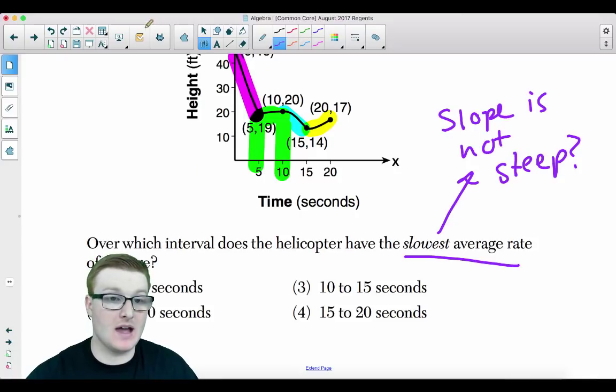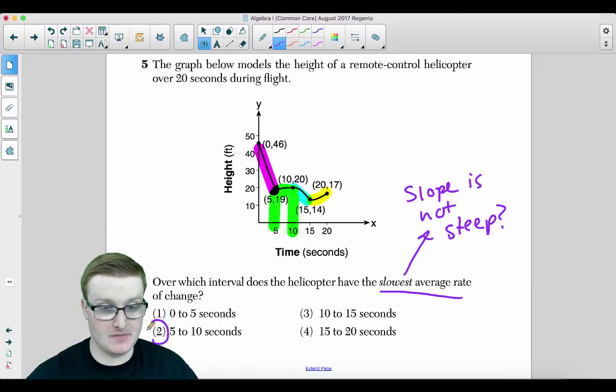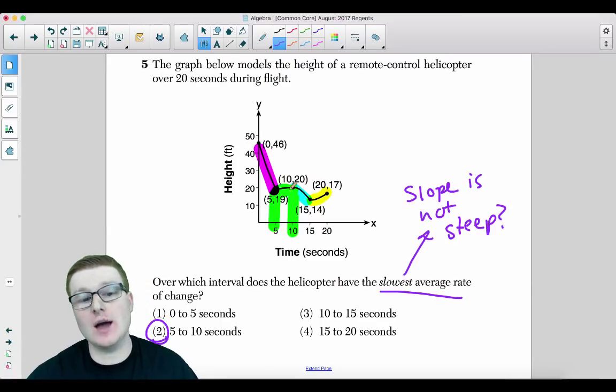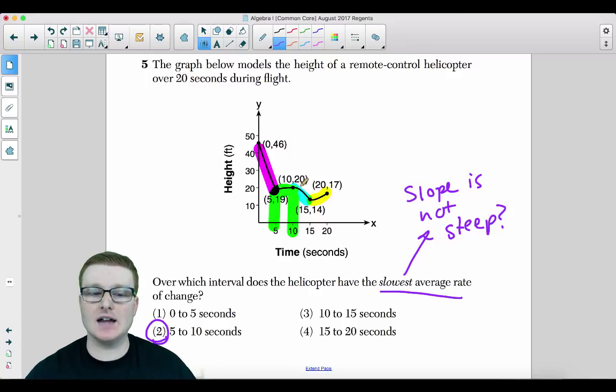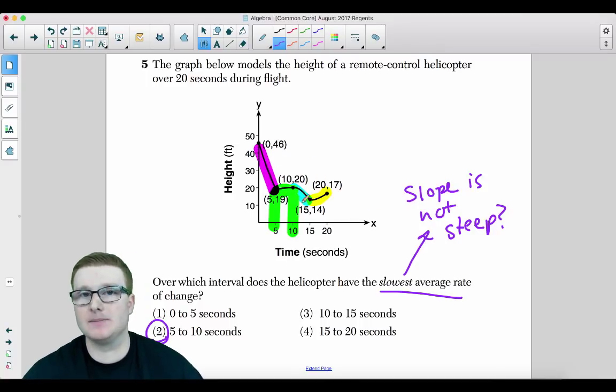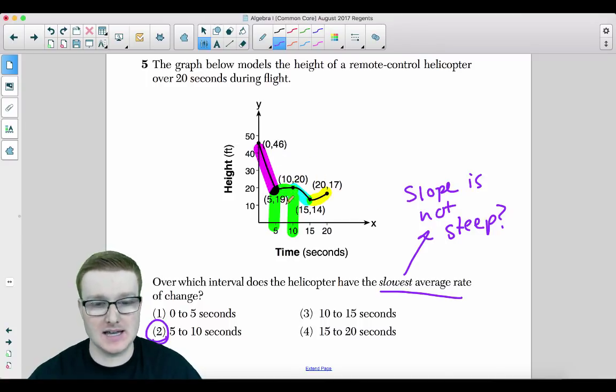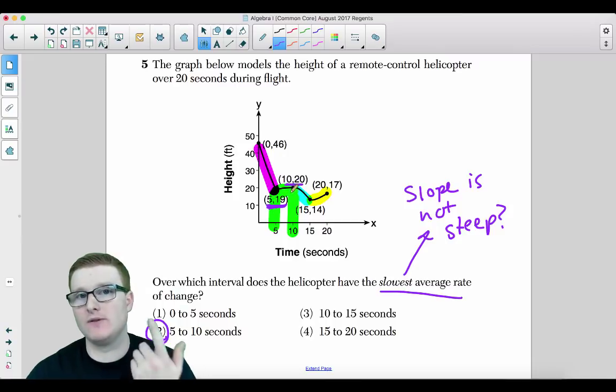Now, here's the thing. I was a little lazy for this question. You could clearly see that it is not the steepest slope. If you want to calculate each individual slope, I applaud you for that. That's perfectly fine. But this is an accurate enough drawing that you could clearly see, and they give you the points as well. Look, it's going from 5 to 10, that y value is a jump of 1.